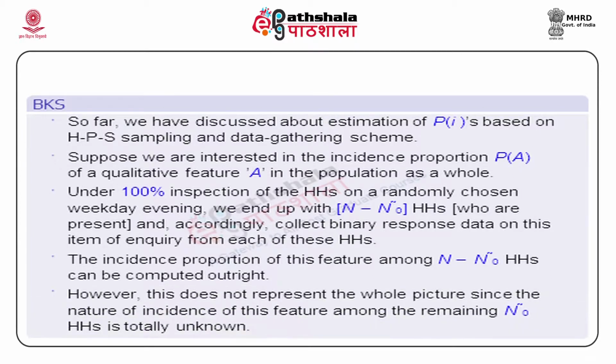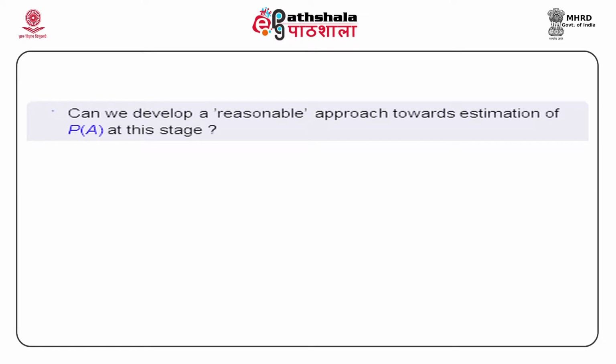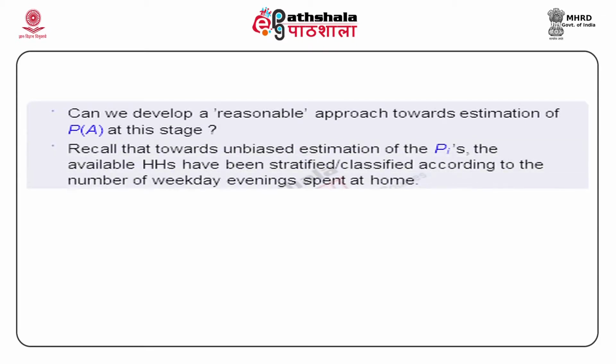This does not represent the whole picture, since the nature of incidence of this feature among the remaining N0 tilde households is totally unknown. But we can have a projection. Can we develop a reasonable approach towards estimation of PA at this stage? That is what we have tried to understand. Recall that towards unbiased estimation of PIs, the available households have been stratified or classified according to the number of weekday evenings they spent at home.